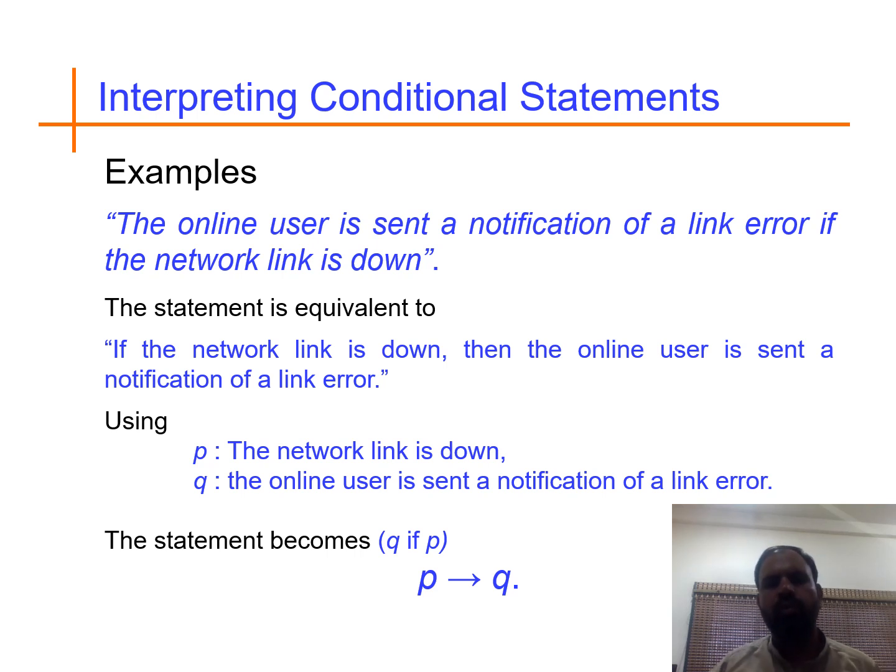So we can write it. If we use P for the network link is down and Q for the online user is sent a notification of a link error, the statement becomes Q if P. The online user is sent a notification of a link error if the network link is down. So P implies Q.